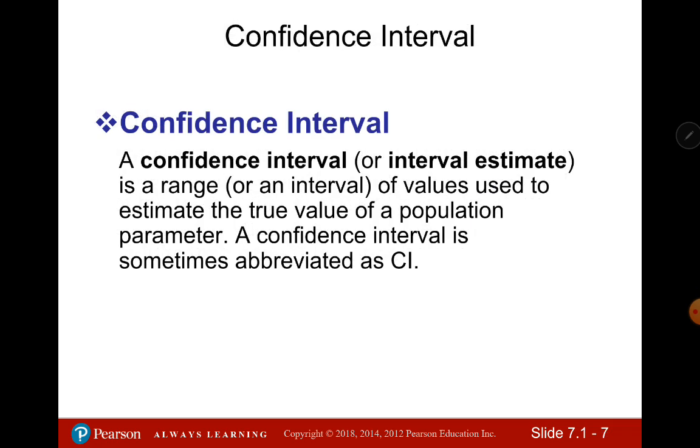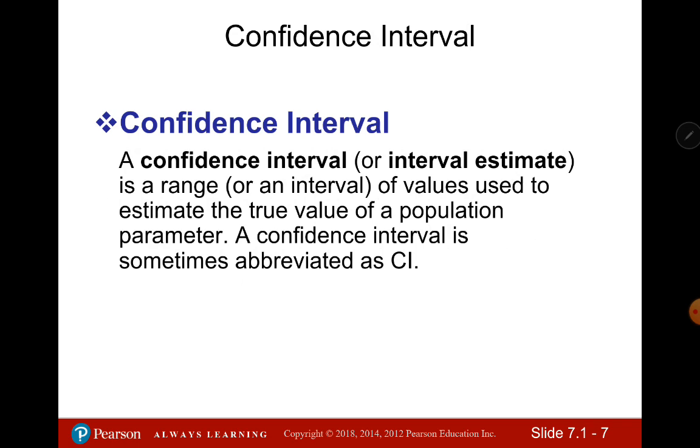So the most important part is the confidence interval, because a point estimate just gives us a single value. It's not very reliable. We cannot say it's a reliable estimator, but a confidence interval is more reliable.